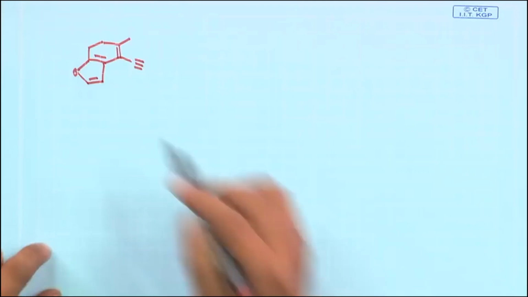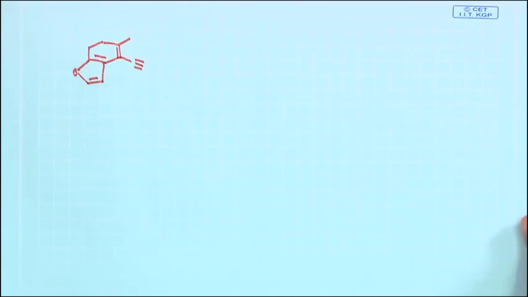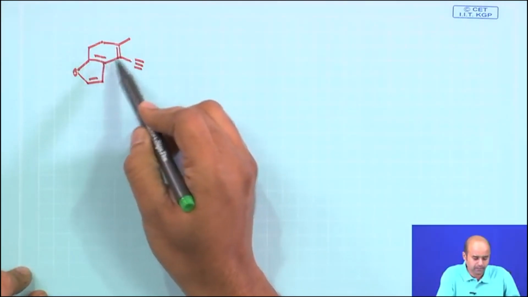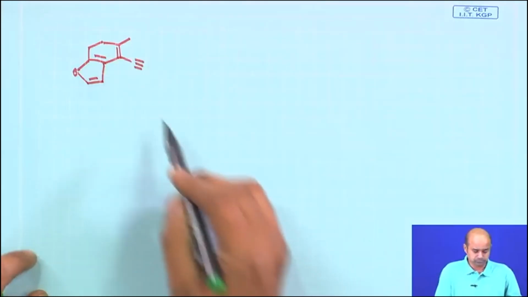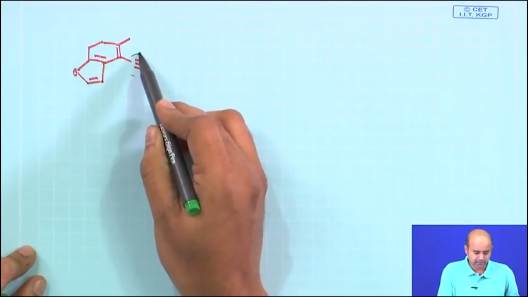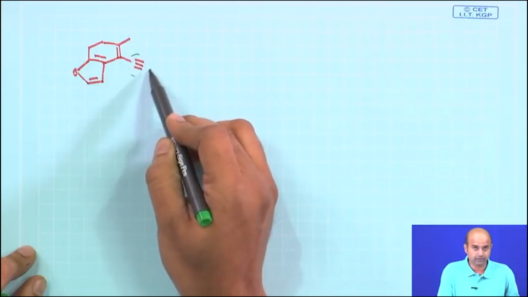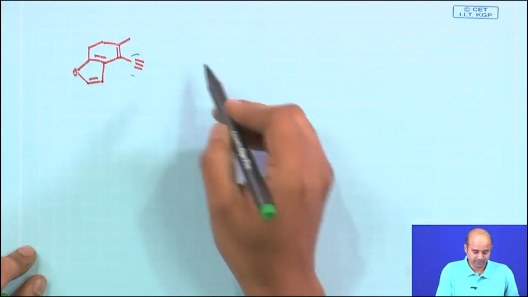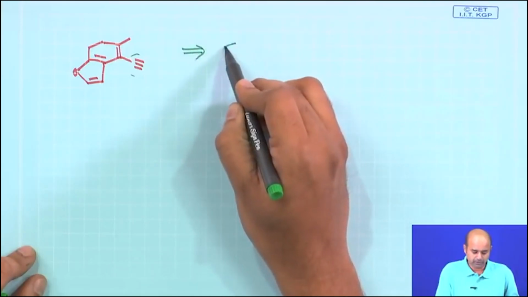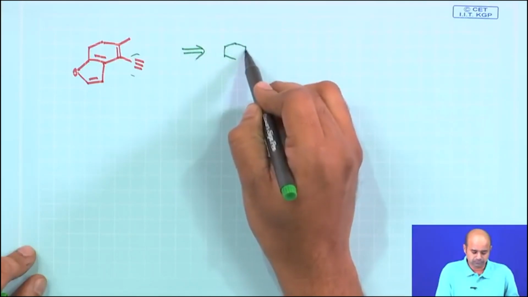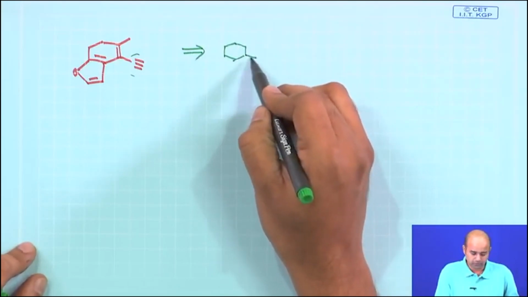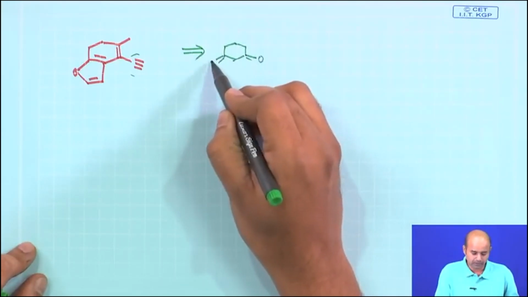You see the structure, it has a furan ring fused with a cyclohexane kind of compound, and there is an alkyne appendage, meaning an acetylenic functional group at one end. To make your job a little bit easier, the starting material given to you is a 1,3 cyclohexane dione.